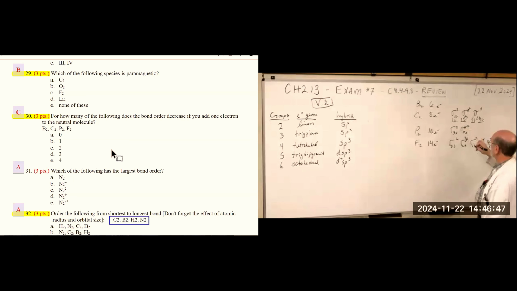And then with sp mixing, the next one's going to be pi 3p, and sigma 3p. That may be all we need, actually. 10, 2, 4, 8, 10. Yeah, that's it. So those are all paired.